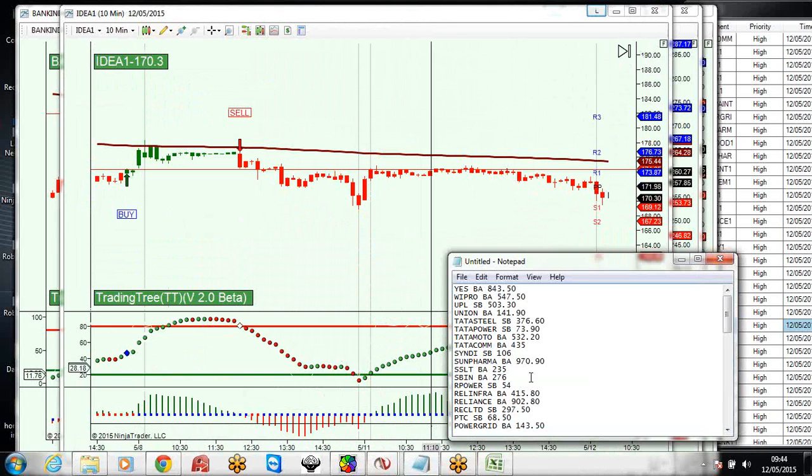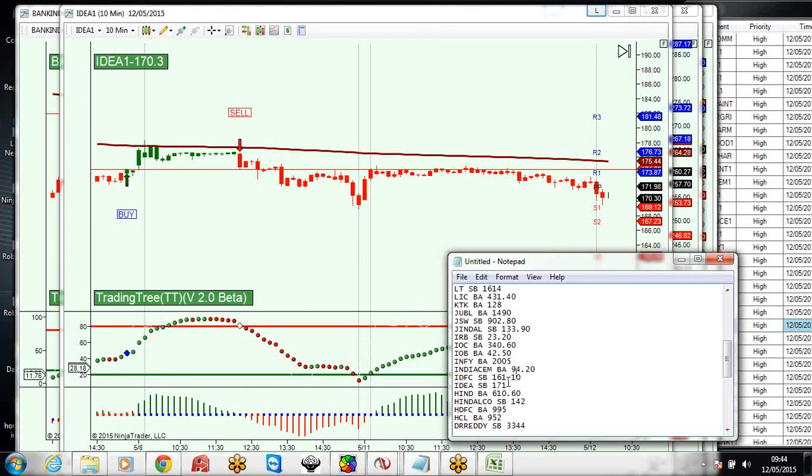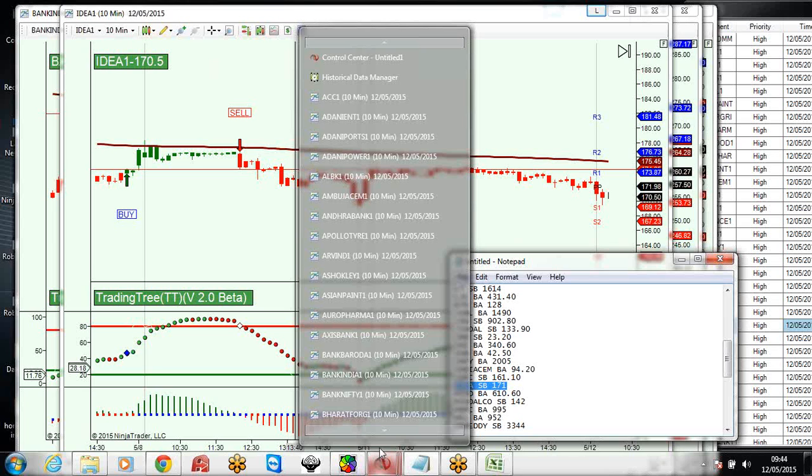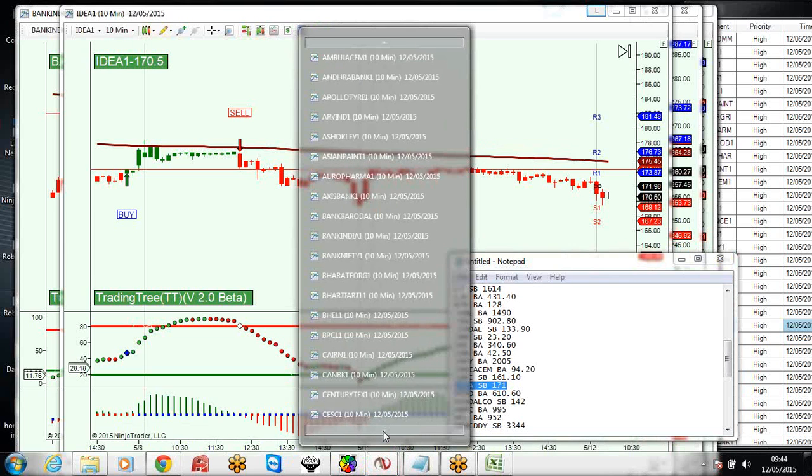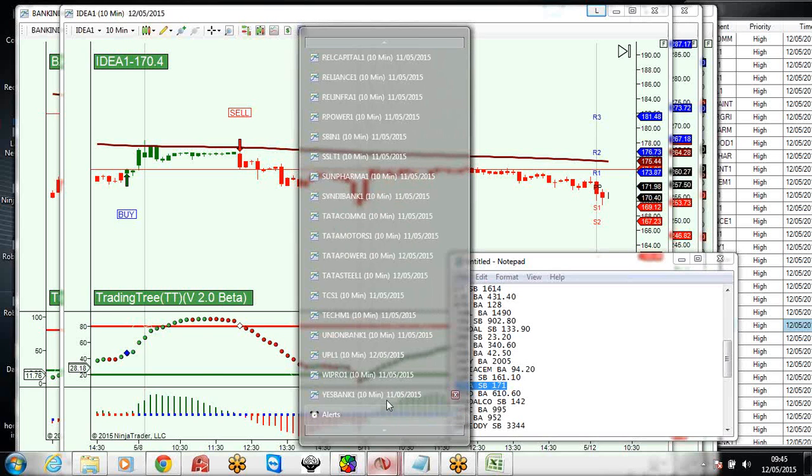Idea I had shorted at a price 171. Now it is at 170.45. SA is sell below, SB is sell below, BA is buy above.